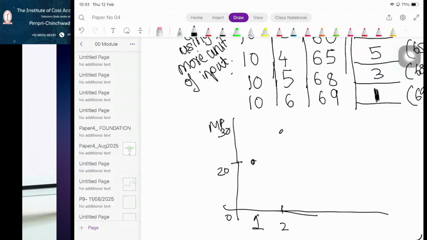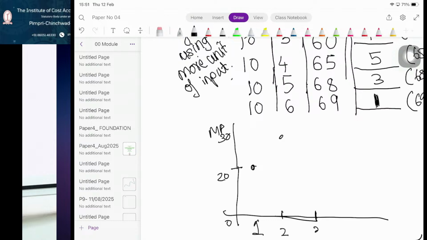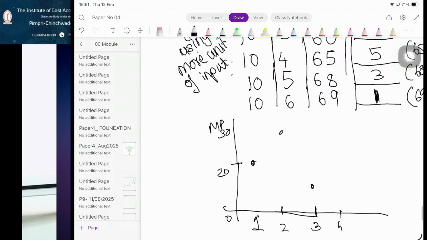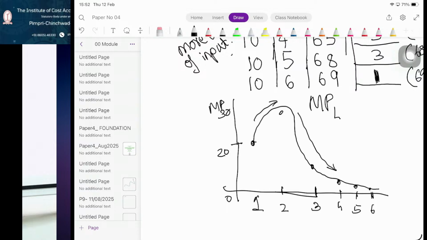Then for the third unit, it dropped down to 10. Then fourth unit it was 5. Then fifth unit it was 3. Then sixth unit it was just 1. So look, if you just try to connect these dots, you know what is happening? The graph can go up, but eventually the graph is going down. This is the law of variable proportions.